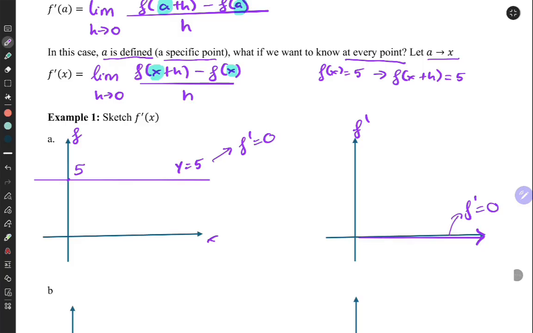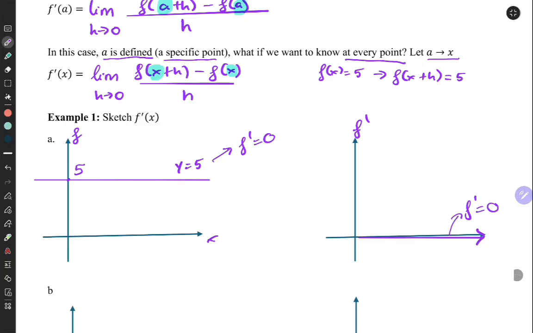Look at this as a line, a horizontal line. What would be the slope of this flat line? 0. Also, if I draw a line like this, it is increasing.